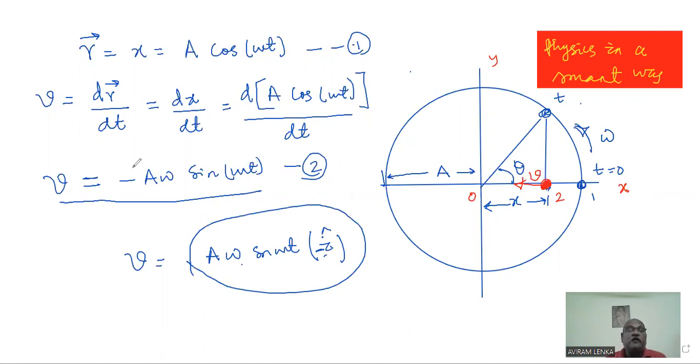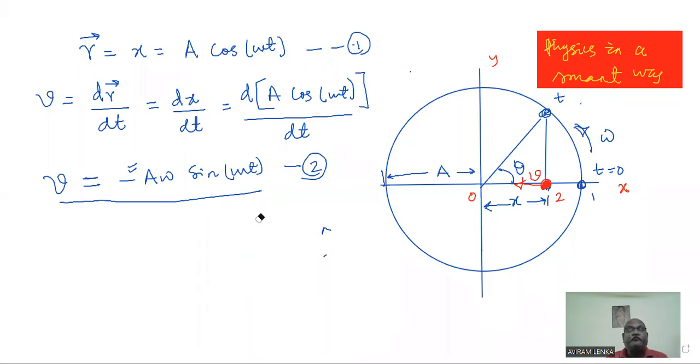So due to that, the minus sign appears, nothing else is to be seen, or it is not so sinister that we should be worried about it. So thereby, because velocity is in the negative x direction, some of us may be a bit worried.